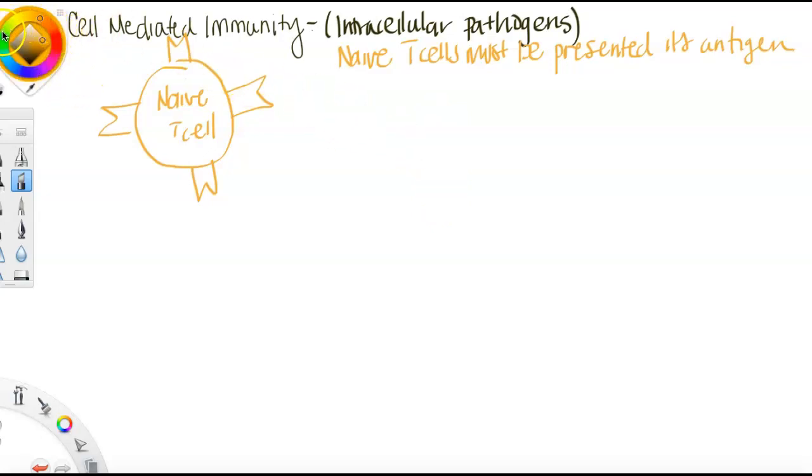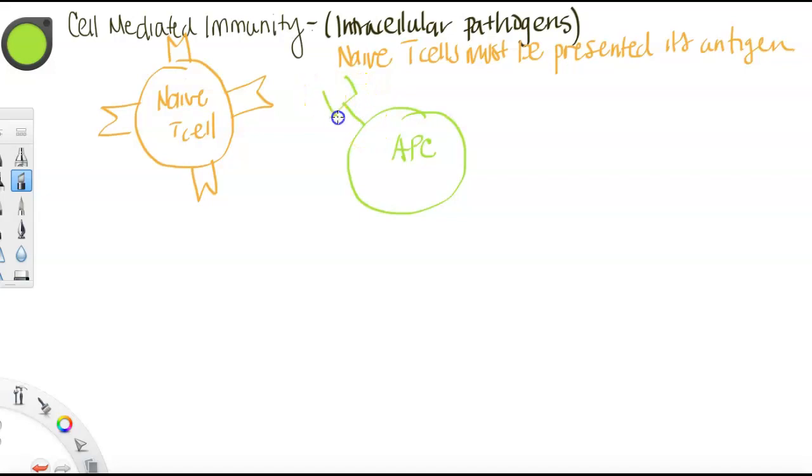So the antigen presenting cell then will show the antigen on its MHC molecules, okay?